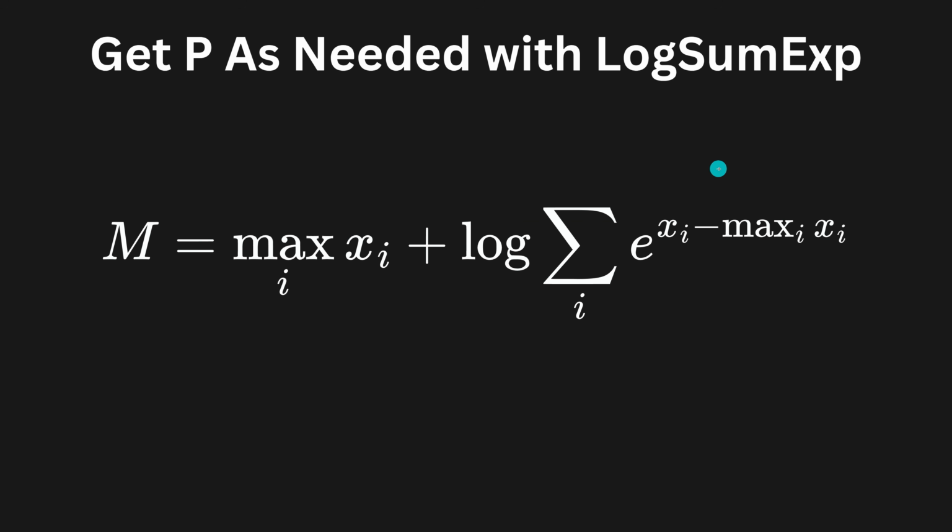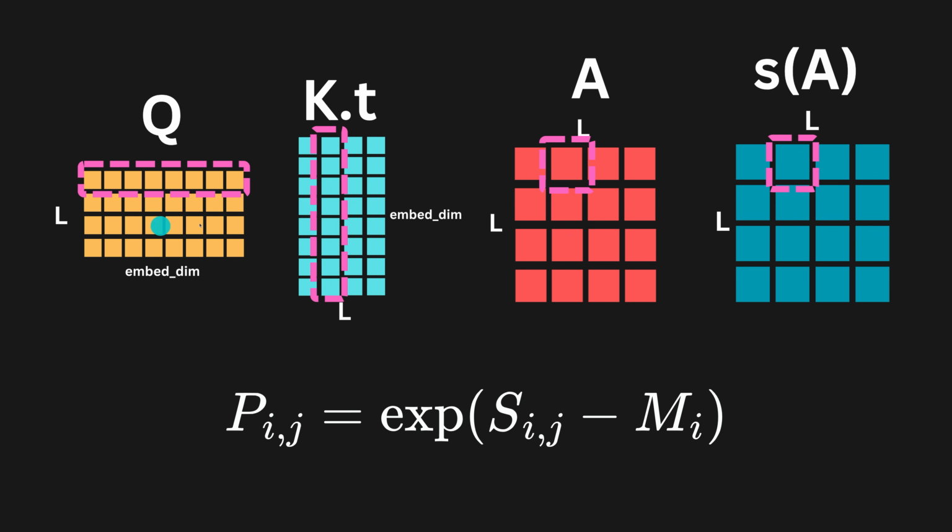Basically, I computed an m ahead of time for this specific row. So if I do e to the power of this value minus that m, whatever that constant is, that will give me this value directly. That's the real power of the LogSumExp trick.